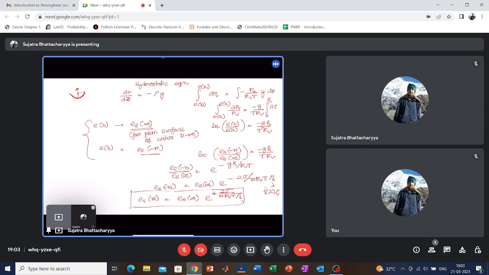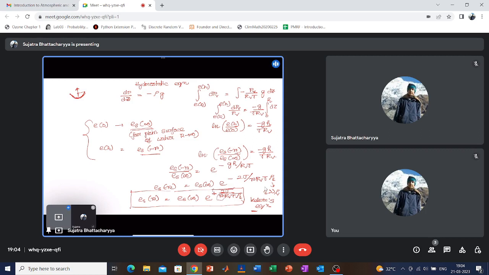This is Kelvin's equation. I will show how the graph looks. But what we are getting from this is that if my R increases, this entire term will decrease. If this decreases, then the exponential will decrease.